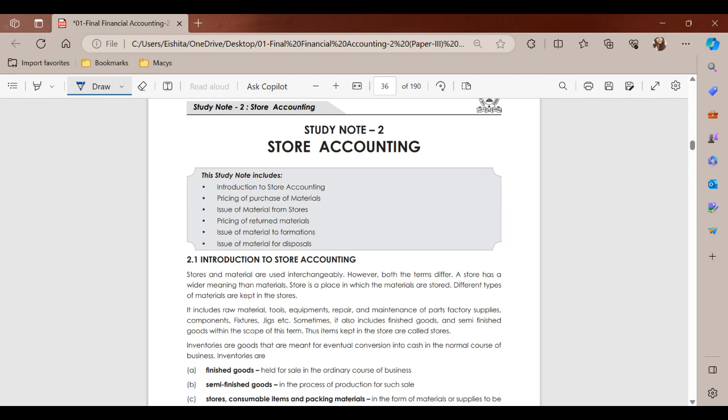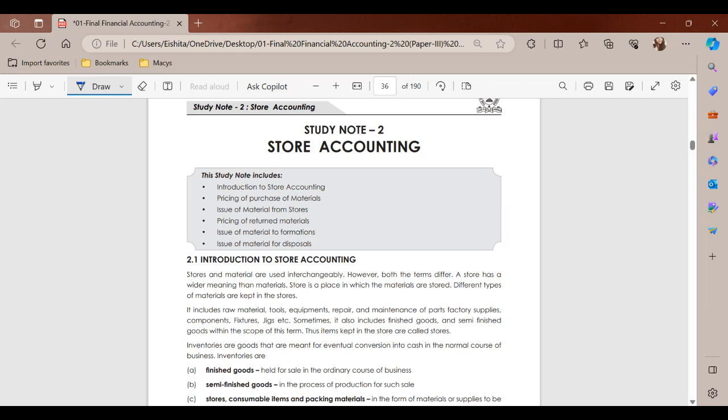Thus, items kept in stores are called stores. What you will see is that stores contain raw material, one, semi-finished goods, two, finished goods, three, and the components which are used in the process, four. So there are four types of material which are used in stores.